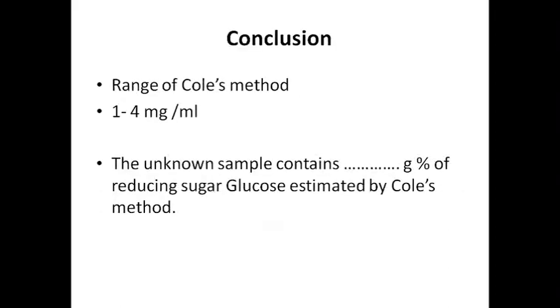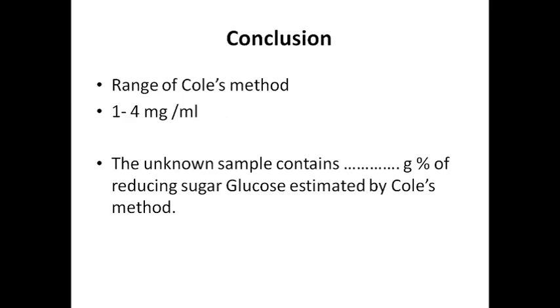Now, there are certain notes to remember. If the pilot reading is too small, we should dilute the sample appropriately, the pilot reading is taken again, and the dilution is then used for the calculation parameter.